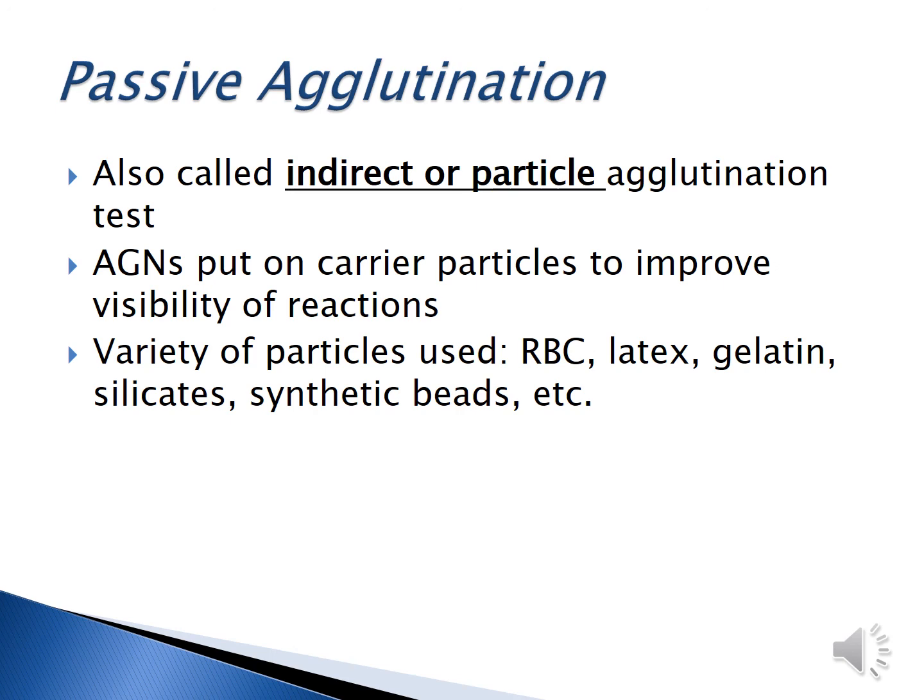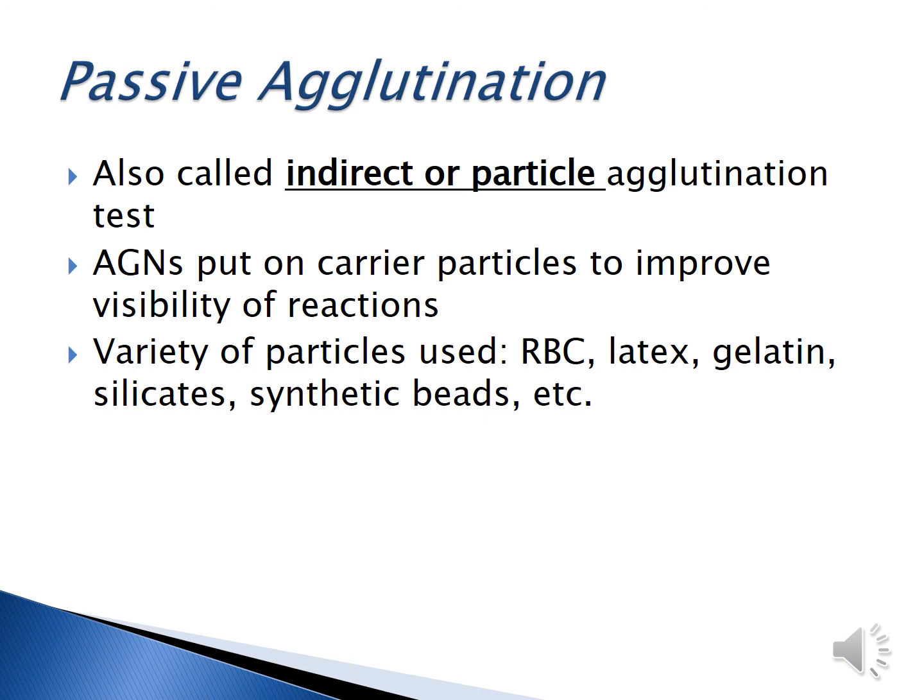This test allows us to put antigens on a carrier particle to help the visibility of these reactions. We can use a variety of different particles, including latex beads, synthetic beads, RBCs, silicates, etc. So we would put antigens on these carrier particles, let's say latex beads, okay?